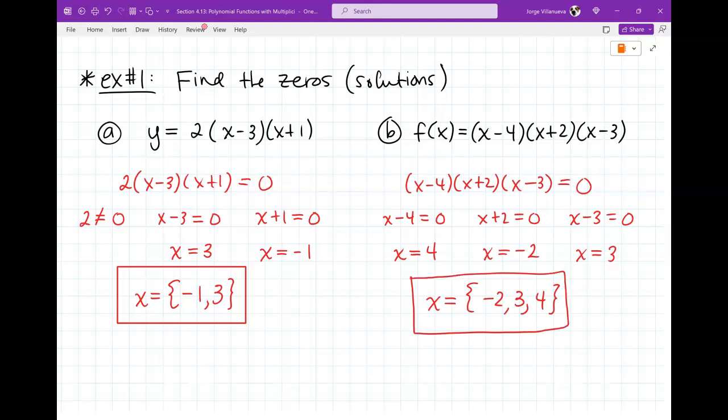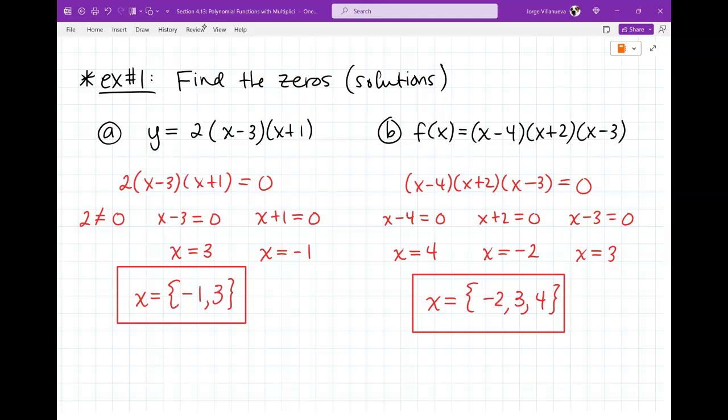I know I'm moving a little fast, but I'm not expecting you guys to have a lot of trouble solving these things. These are things we've done already a long time ago, so it shouldn't be brand new. Okay? Now, just so you guys know, all of these solutions have odd multiplicity. Multiplicity of 1. How do I know?